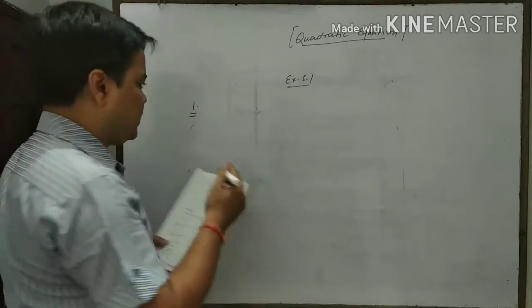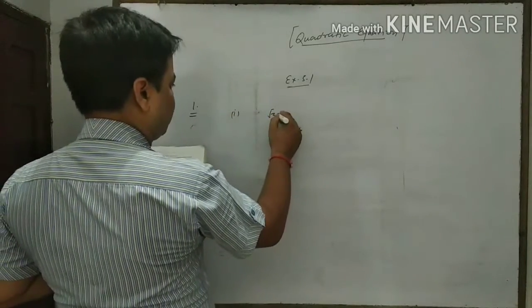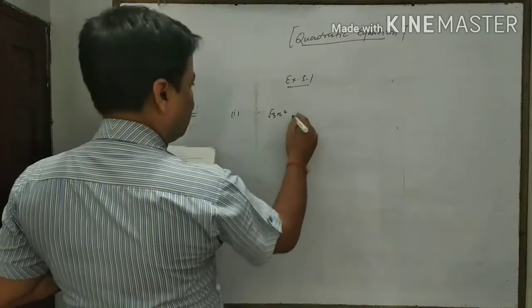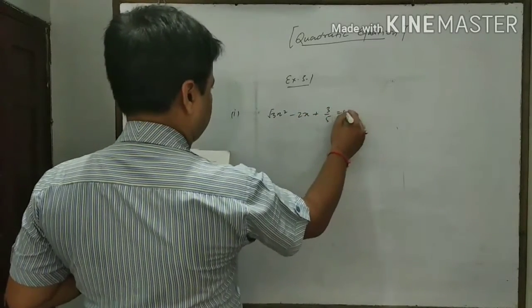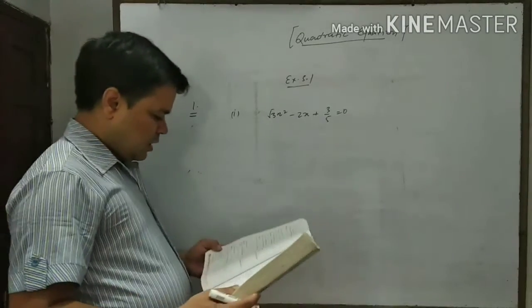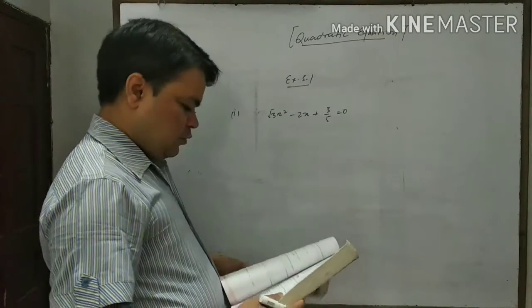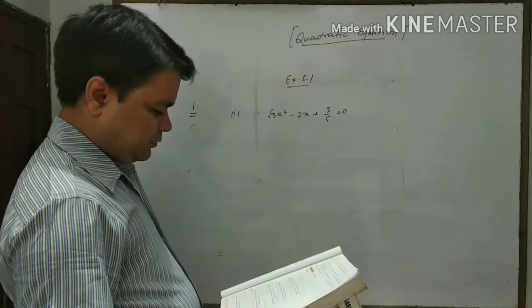Just like here the first question is given, that is root 3 x square minus 2x plus 3 by 5 is equal to 6. Okay, this is given. Now we have to prove that this is a quadratic equation. Getting?